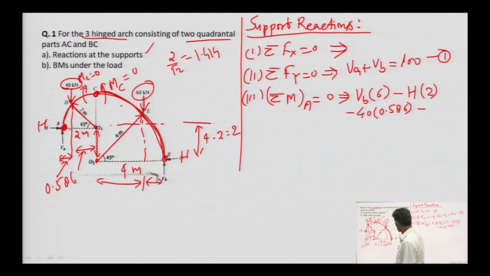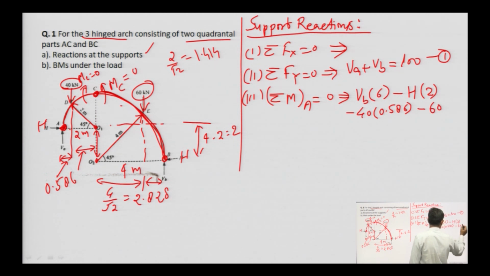This is 4 cos 45, that is 4 divided by under root 2, which is 2.828. And this one distance is 2, so minus 60 into 4.828, is equal to 0.